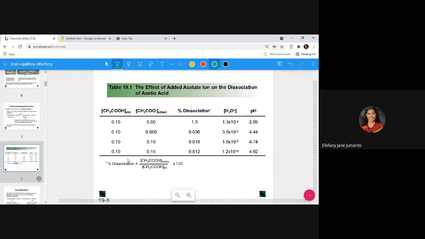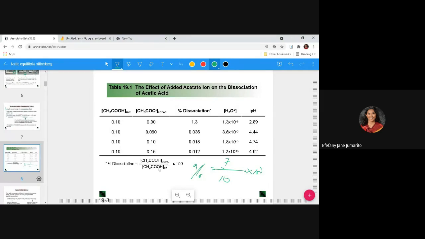Okay, so again, the percent dissociation. Percent dissociation is what dissociated and then what's the initial. Di ba? When we have the percent, it always works with your score. If you have the score, if you have the 7, then over the total, then you times it with 100, then that's your percent score.